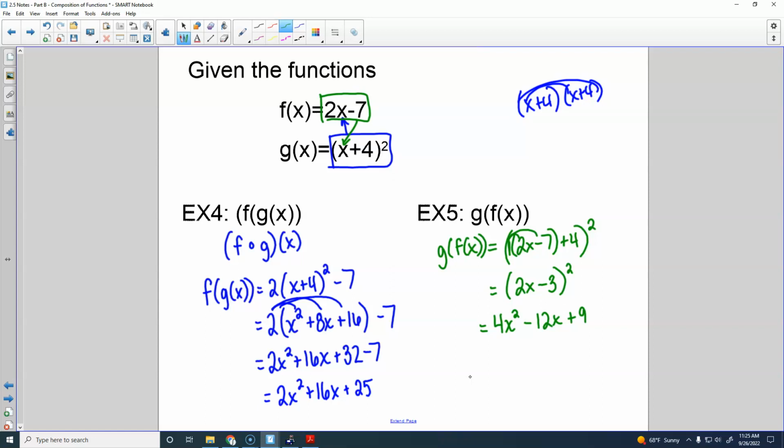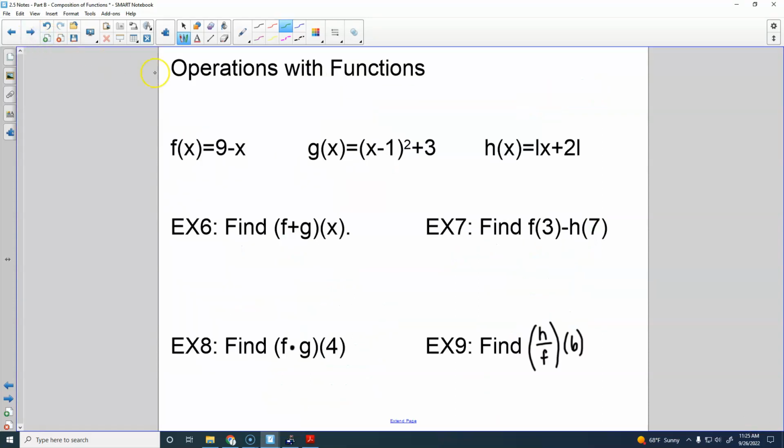Okay. Whenever we're taking a function and plugging it into another function, it is called composition of functions. Now, there is something else that you are going to be expected to know how to do, which is basic operations with functions. I have 3 functions here. This is absolute value bars. They don't look very absolute value bar-y because I just typed it, but those are absolute value bars.